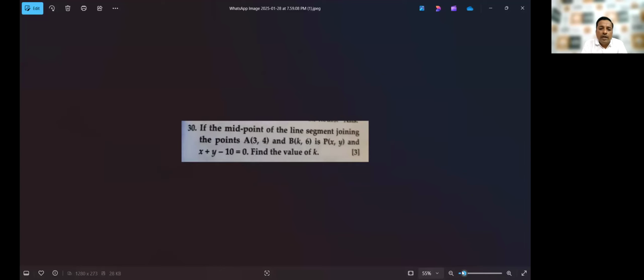See, the midpoint of the line segment joining A, this is 3, 4, and B, that one is K, 6. The midpoint is P, that is x, y, and the relation x plus y minus 10 is equal to 0.